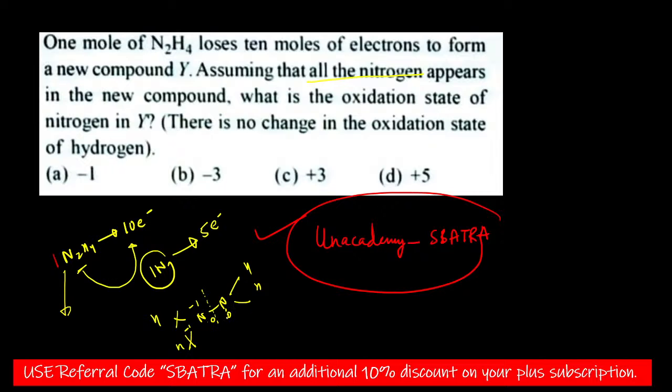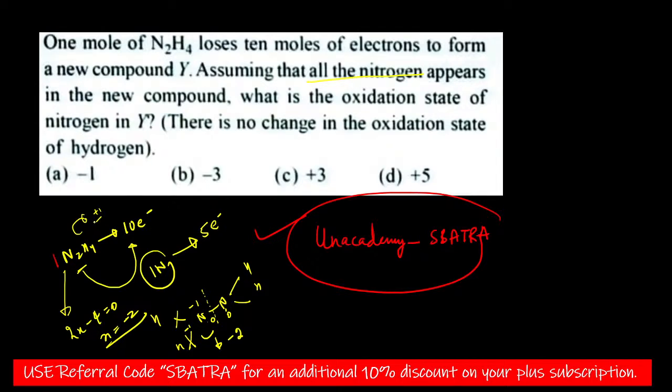So the oxidation state of nitrogen is -2, or we can also find it this way: 2x minus 4 is equal to 0, so x is equal to -2. So the oxidation state of nitrogen is -2 and hydrogen's oxidation state is +1.